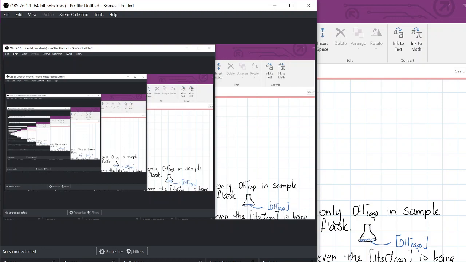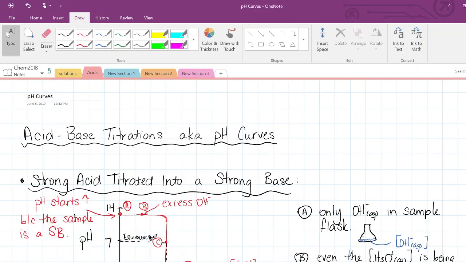Hi guys, welcome back. I want to spend a little bit of time with you today talking about pH curves, which I'm going to demo for you in the classroom so that you get a chance to see this pH curve.